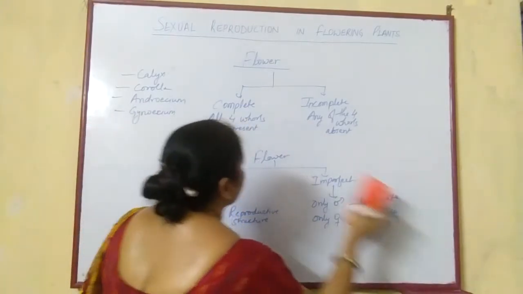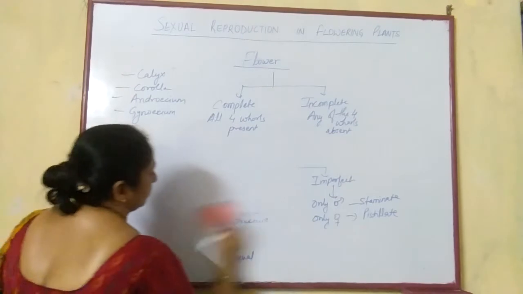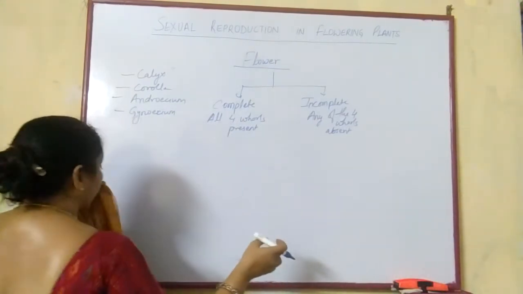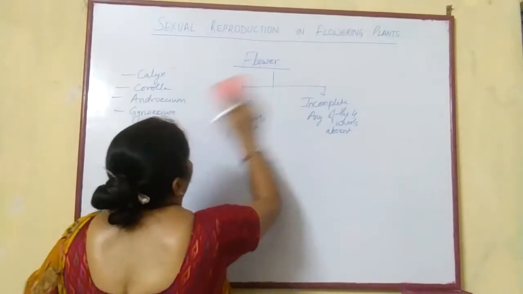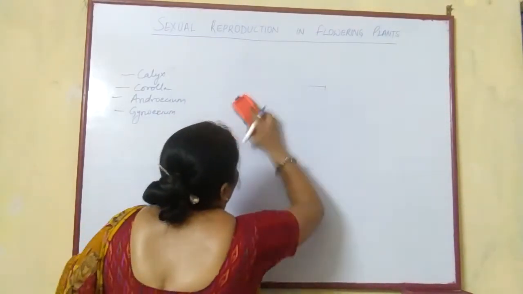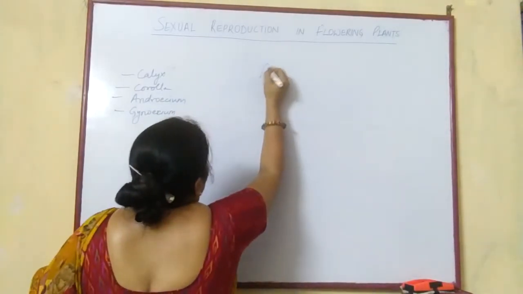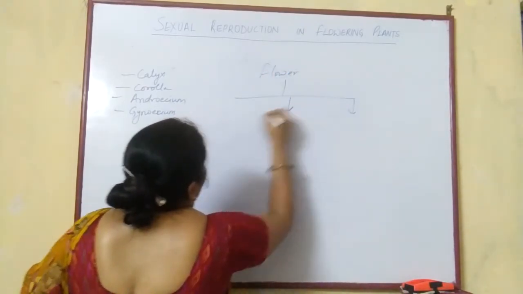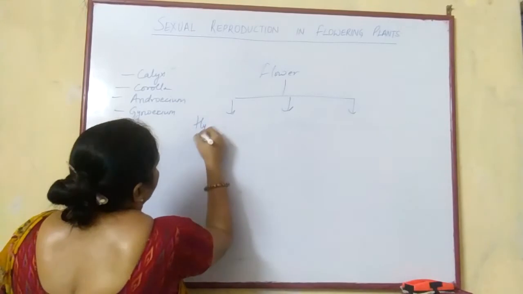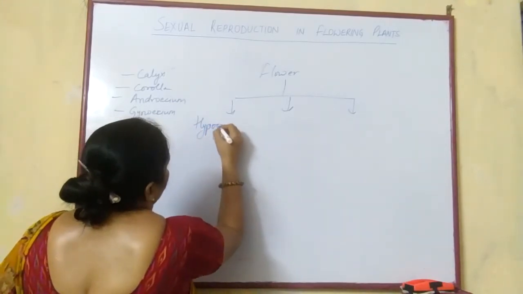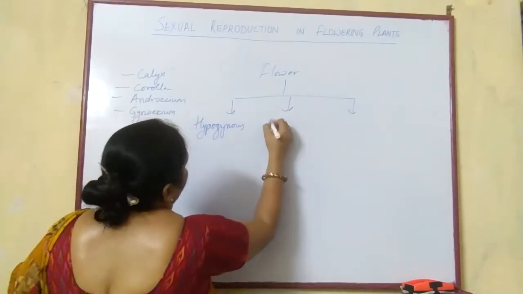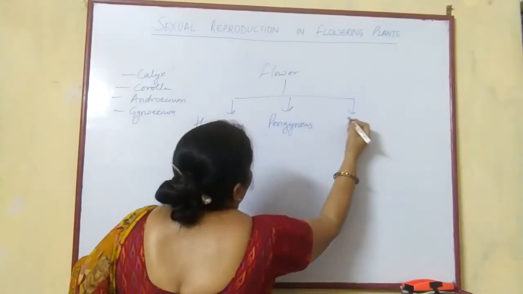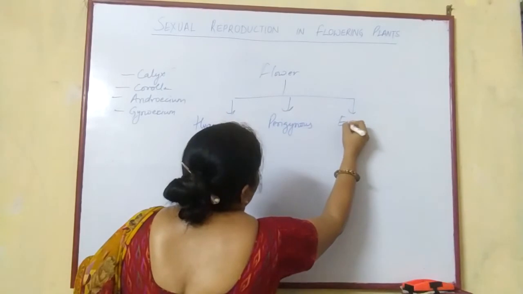Now based on the position of the ovary and all other floral structures, the flower may be hypogynous, perigynous, and the next is epigynous.